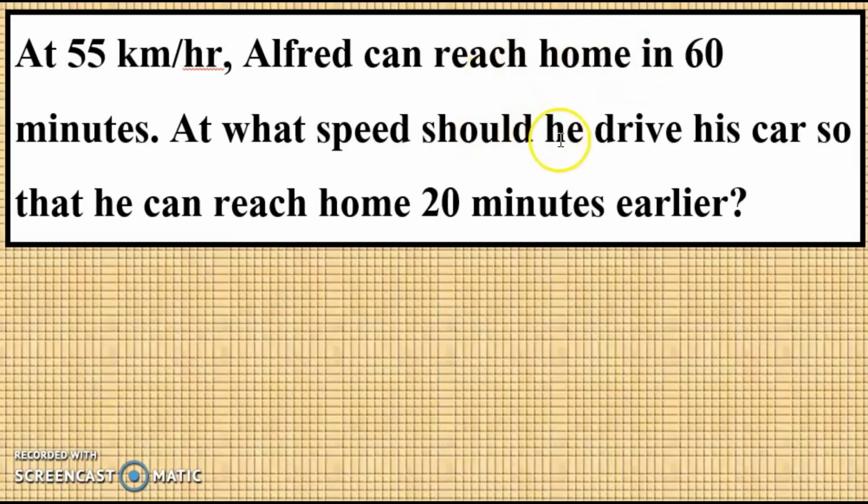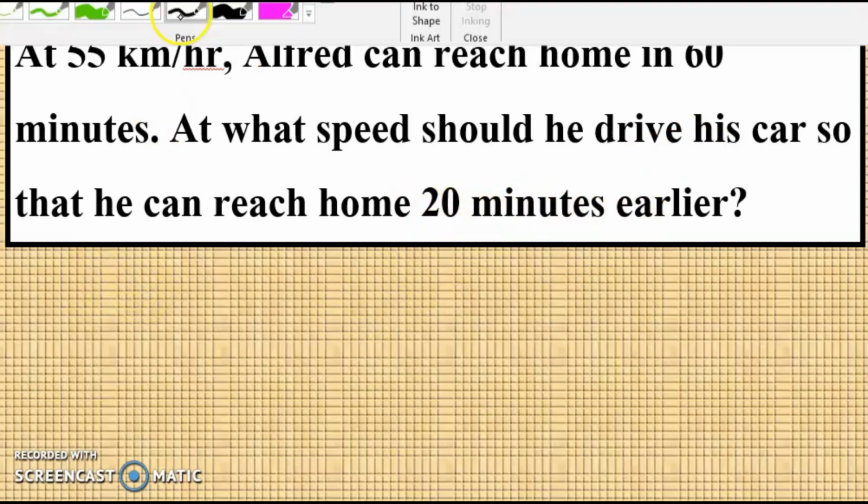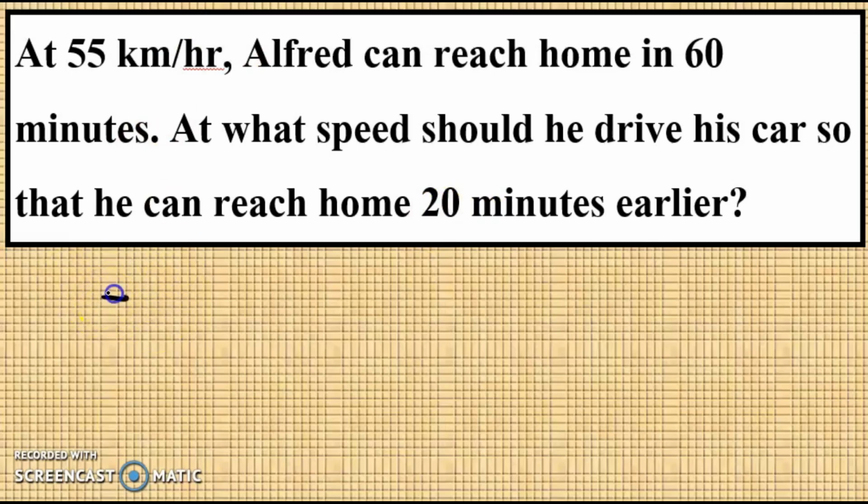So, at 55 kilometers per hour, Alfred can reach home in 60 minutes. At what speed should he drive his car so that he can reach home 20 minutes earlier? So dito, nagda-drive siya ng 55 kilometers per hour. So makakarating siya sa bahay in 60 minutes.